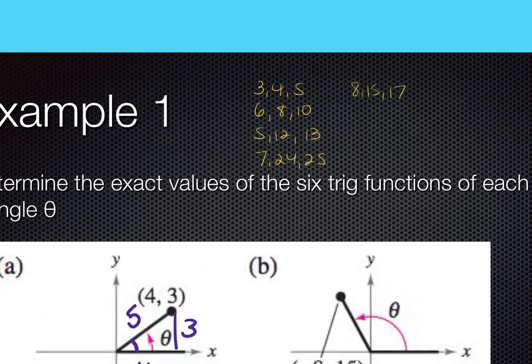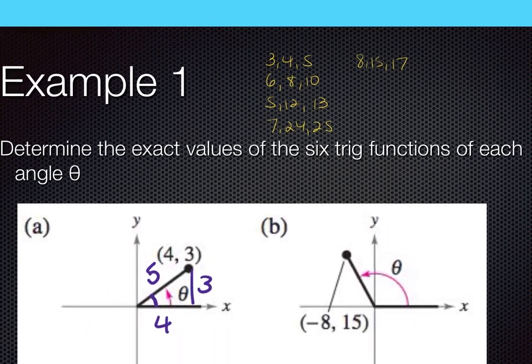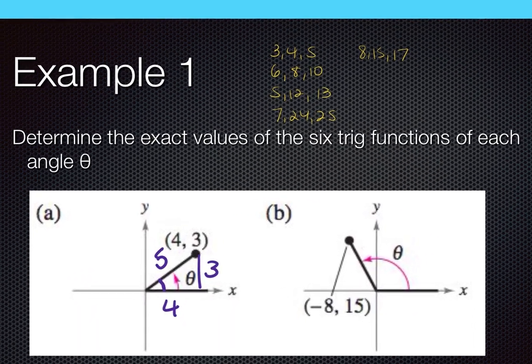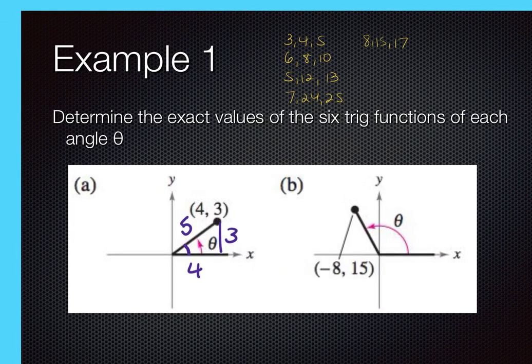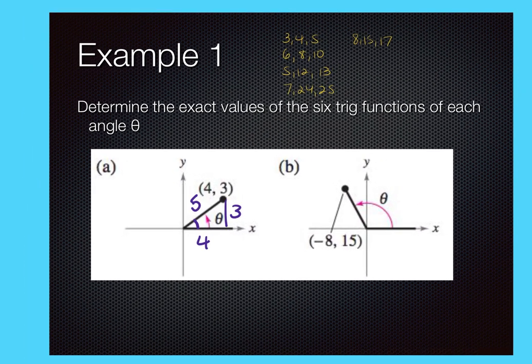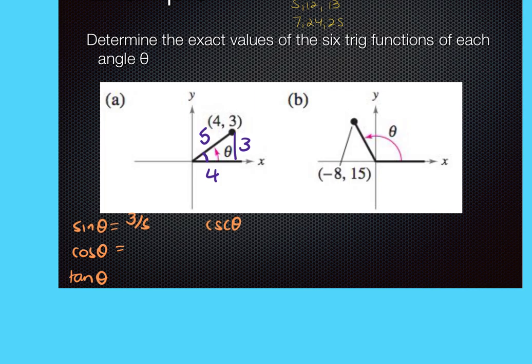So because we know the missing side is 5, and it's in the first quadrant, so everything is positive, now I can find my 6 trig functions. What's the sine of theta? Three over 5. What's the cosine of theta? 4 over 5.